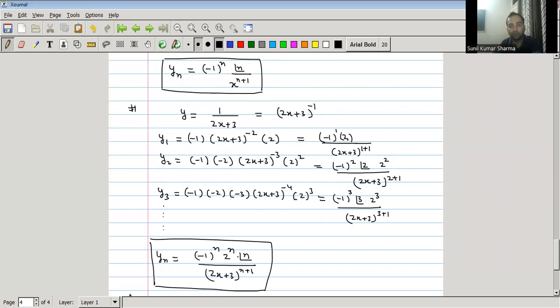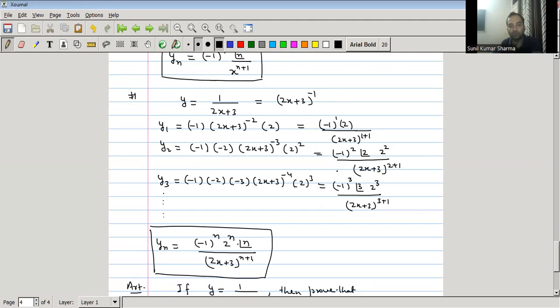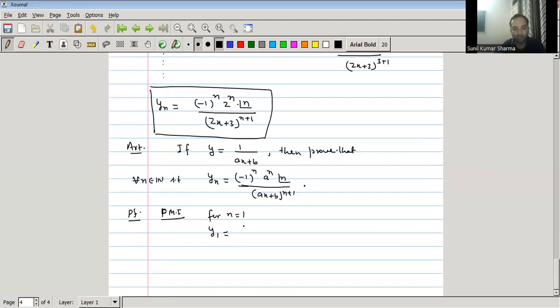minus 1 to the power 1 into 2 upon 2x plus 3 to the power 1 plus 1. So can I write this as minus 1 into a divided by ax plus b to the power 2, where 2 means I can write 1 plus 1. So the result is true for n equal to 1. Right? Now assume that it is true for n equal to k.